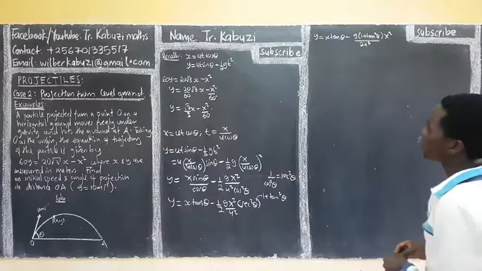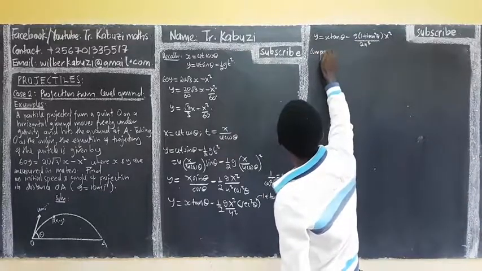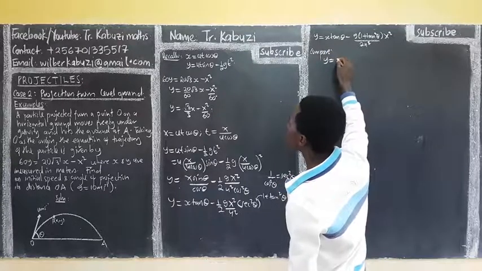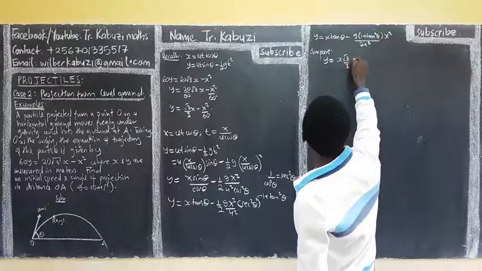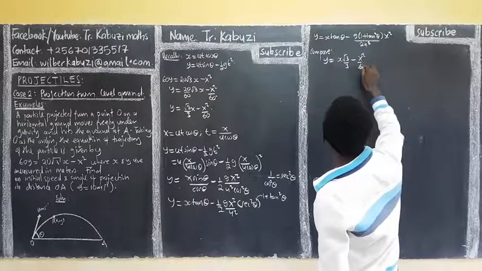So now I can compare with this one. Now if we compare with y equal to this, which is the same as x root 3 over 3 minus x squared over 60.